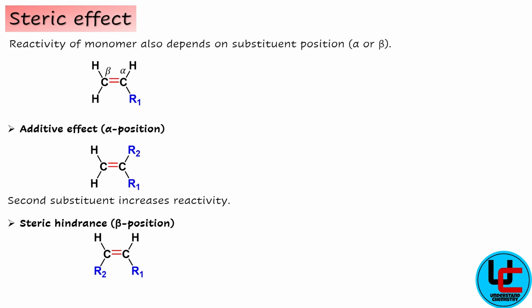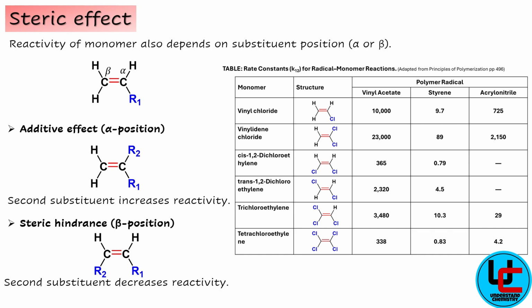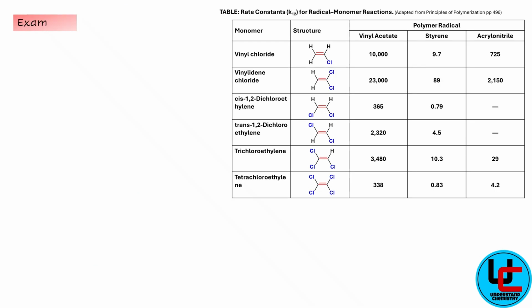Let us see how substituents affect monomer reactivity using this comparative table of rate constants. We are looking at a series of chlorinated ethylene monomers and we'll see how they react with different polymer radicals: vinyl acetate, styrene, and acrylonitrile. The key idea is to see how the number and position of substituents influence the reaction rate.